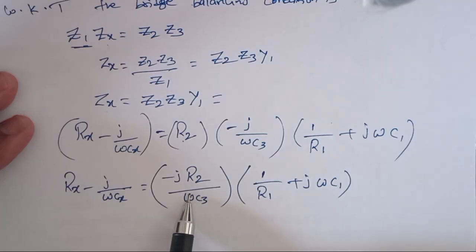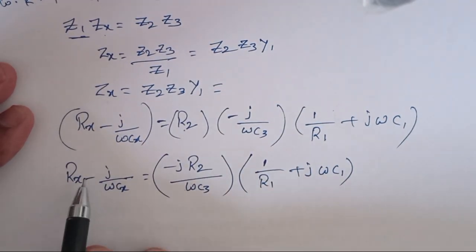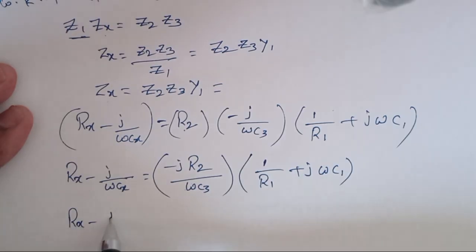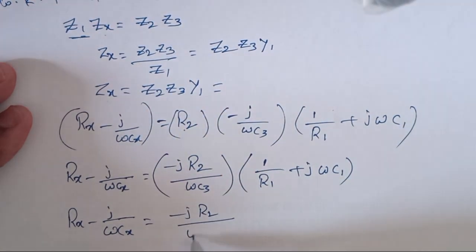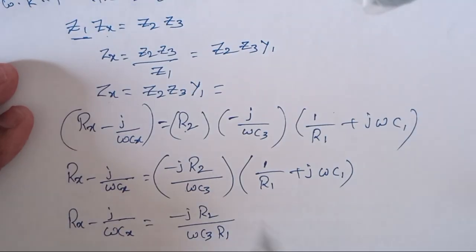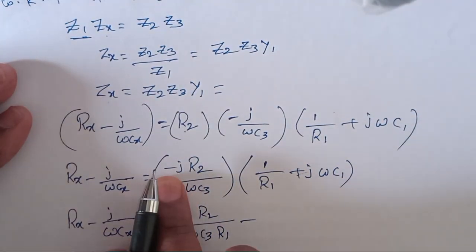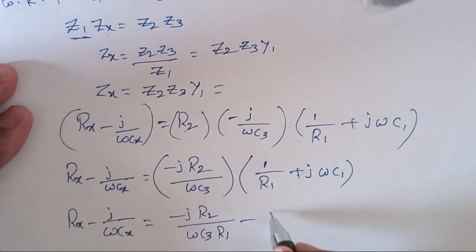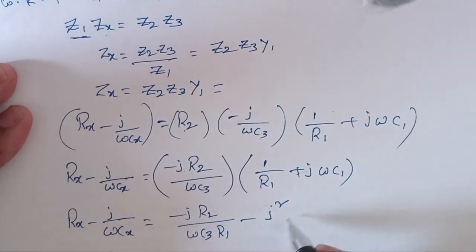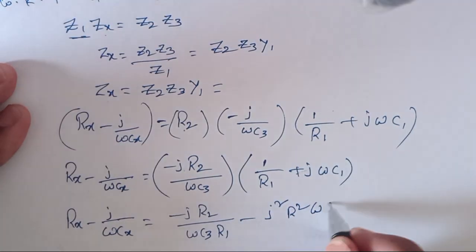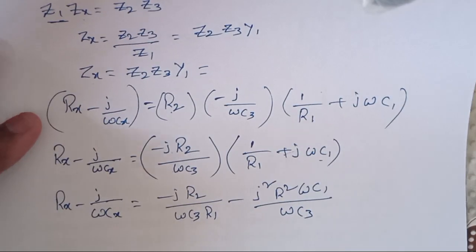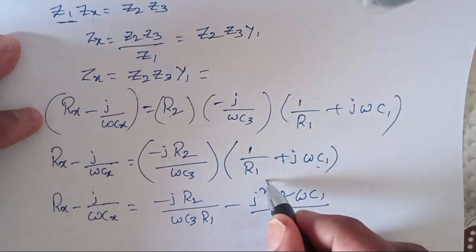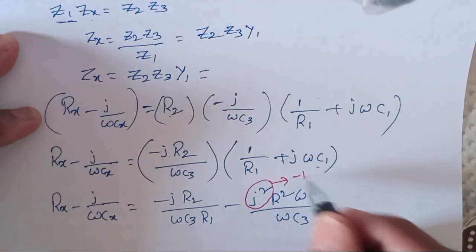Now I am multiplying this term with this and with this. So Rx minus j by omega Cx equal to, first, minus j R2 by omega C3 R1. Next, this one into this one: minus into plus, minus j into j, j square R2 omega C1 by omega C3. Now the value of j square is nothing but minus 1.